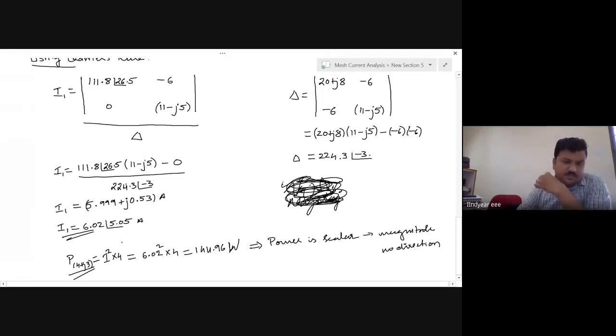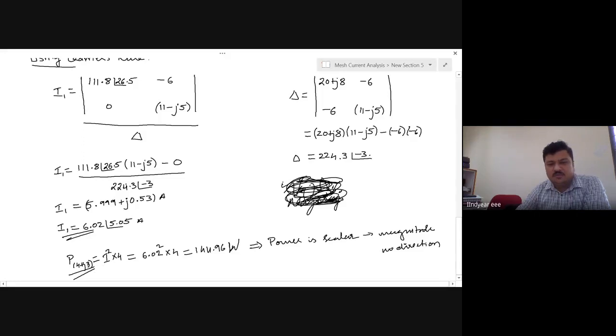A vector of 6.02 units at an angle 5.05 from the positive x-axis in the anti-clockwise direction is the direction of the current I1. But power is a scalar quantity. Hence, I should consider only the magnitude while calculating the power. You should keep that in mind.